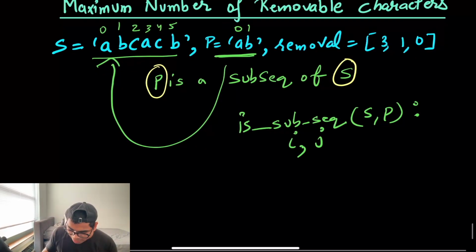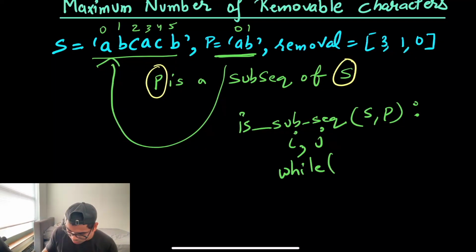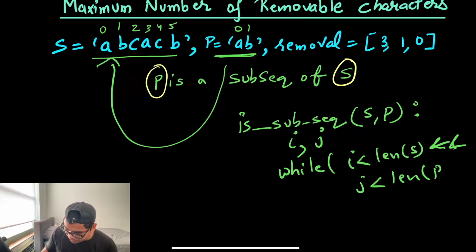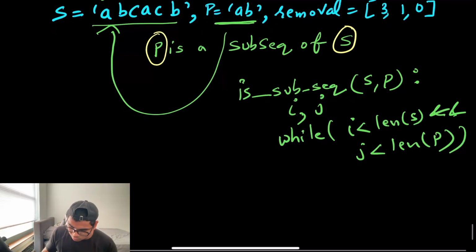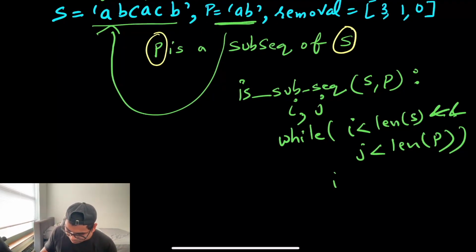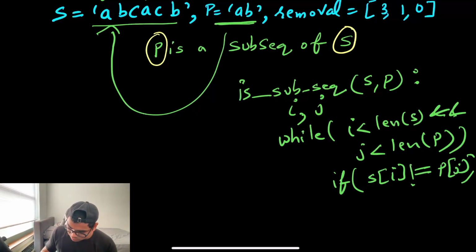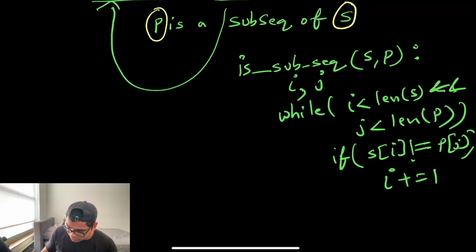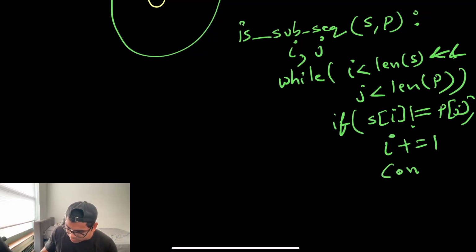While i is less than len(s) and j is less than len(p), what we want to do is keep checking if s[i] is not equal to p[j]. In that case we want to increment our i, and continue. Otherwise, i plus equals 1, j plus equals 1.